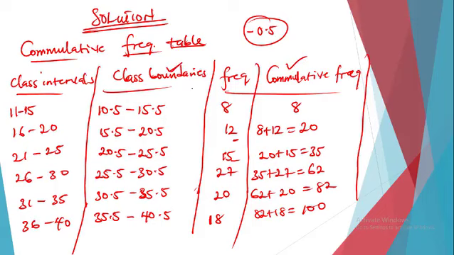The class boundary will be our x-axis, that's how it's usually plotted, while our cumulative frequency will be our y-axis. Do you understand? So what we use is 10.5 to 15.5 and so on.